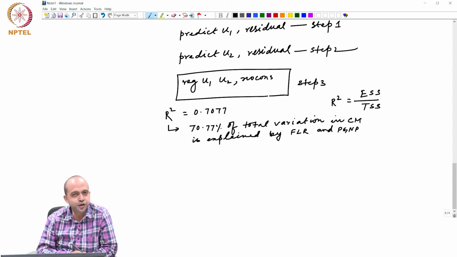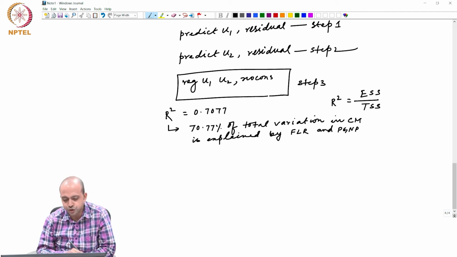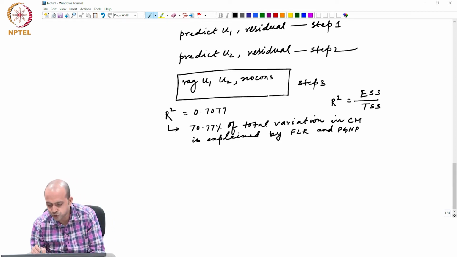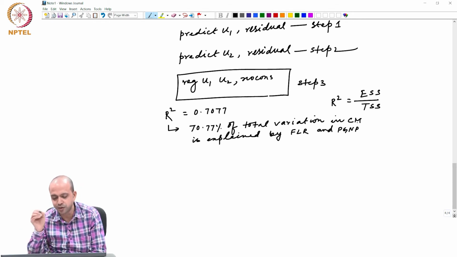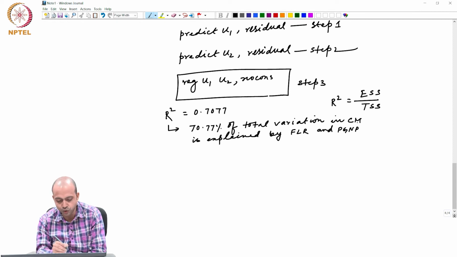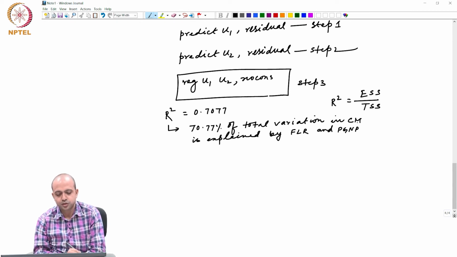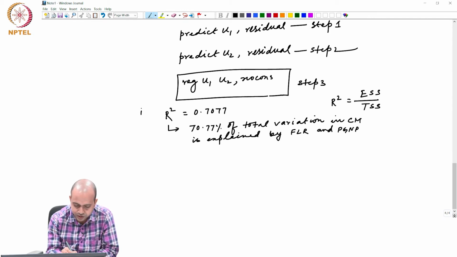These are the two explanatory variables we have included in our model. So out of total variation, 70.77% of total variation in CM is explained by the two explanatory variables FLR and Pgnp, and that is what the goodness of fit is. Our model can explain 70.77% variation in child mortality rate. That is the interpretation of R square. This is the first thing we need to know.